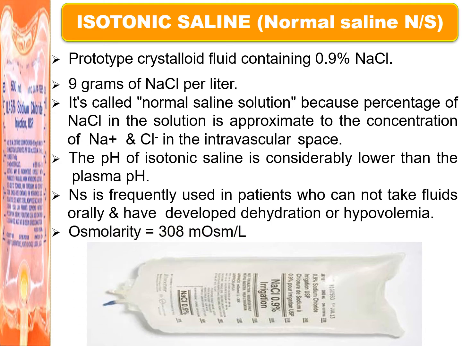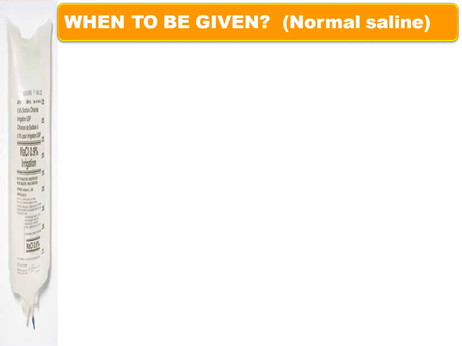The osmolarity of normal saline is 308 milliosmoles per liter of water. Now, after this discussion, the question arises: when should normal saline be given?